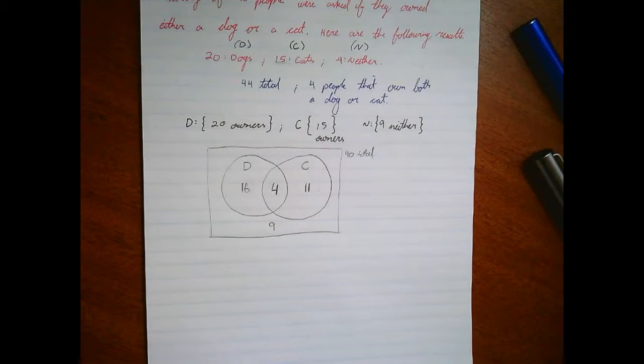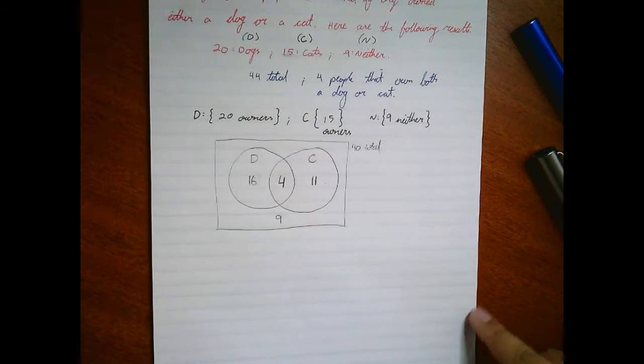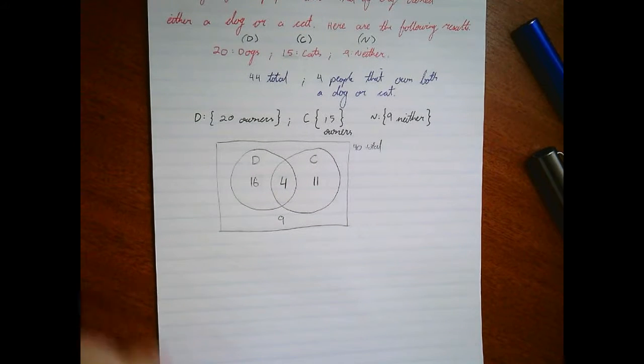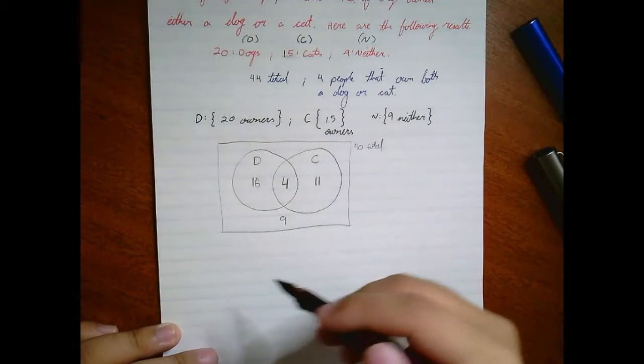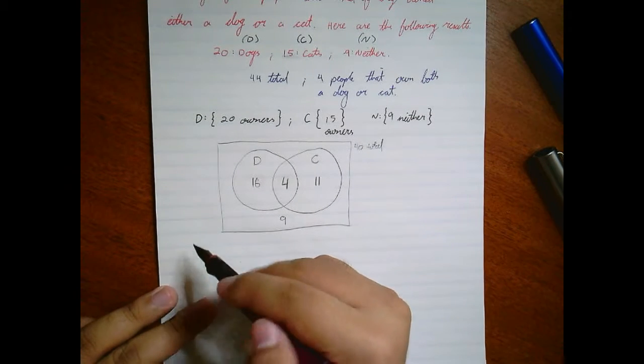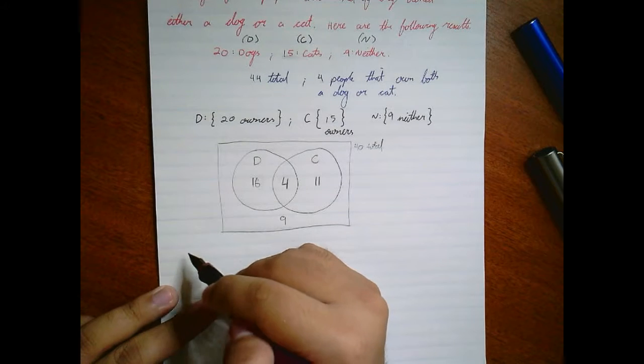Now, there are a few special terminologies that we get from Venn diagrams. The first terminology I'd like to introduce you to is union. It looks like this.